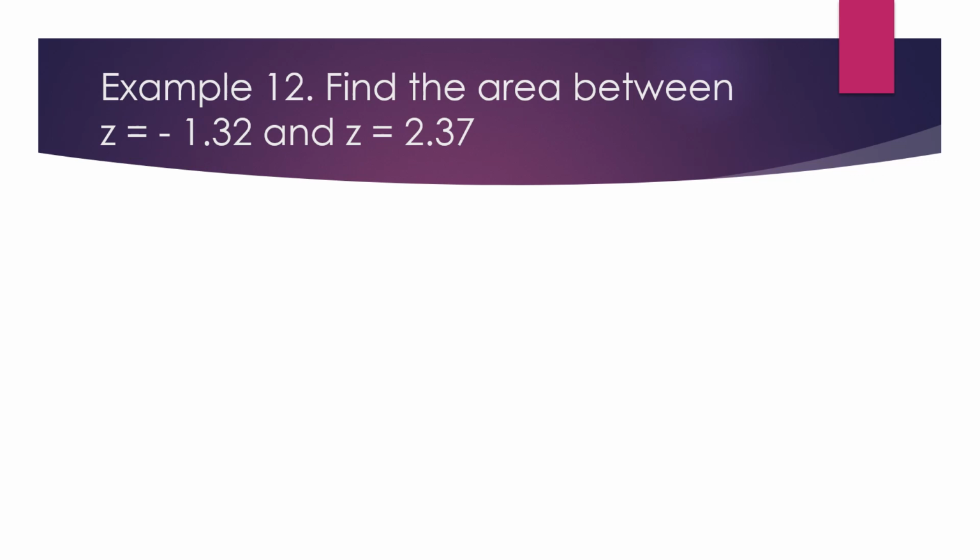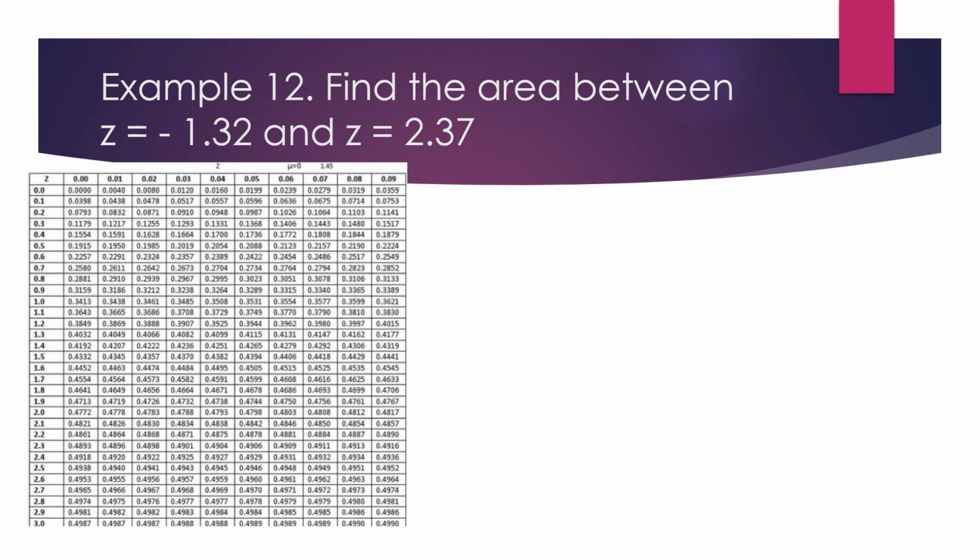Example number 12. Find the area between z equals negative 1.32 and z equals 2.37. This time, the values of z are unlike signs: one is negative, the other one is positive.